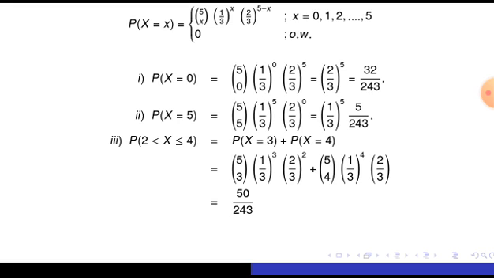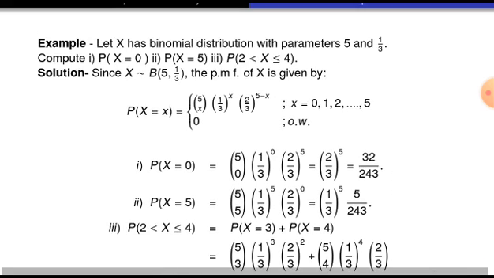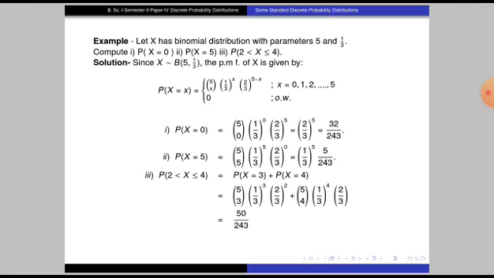That means we can compute probability of any event. Okay, so the only condition required is to know the values of parameters. We will solve similar kind of problems in the practical session also.